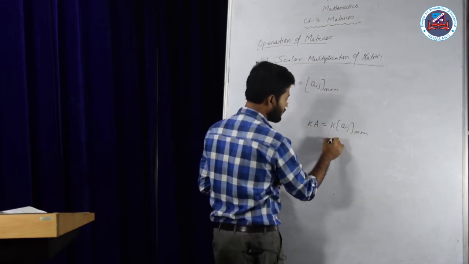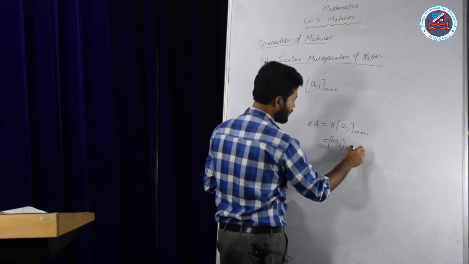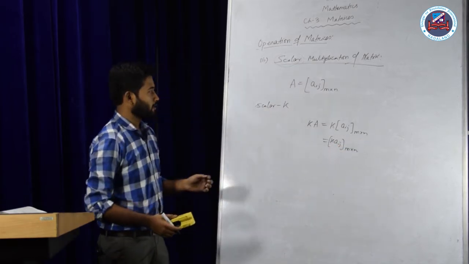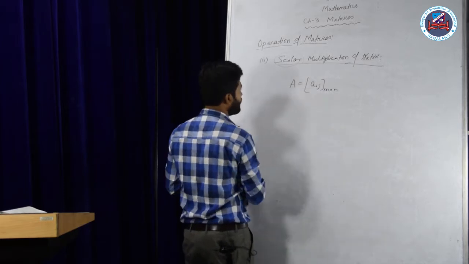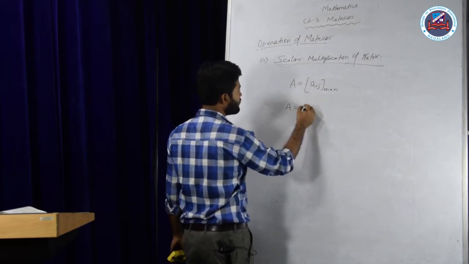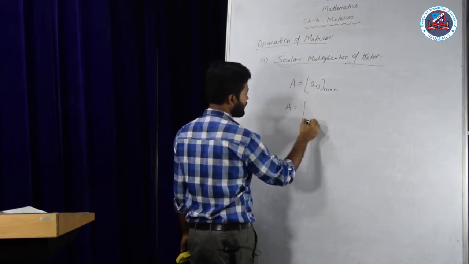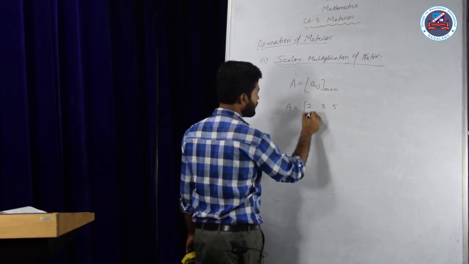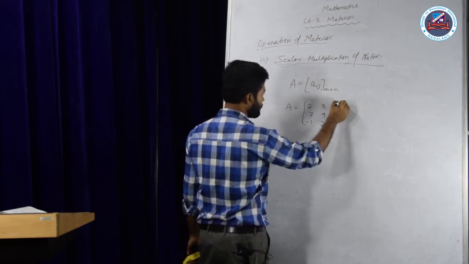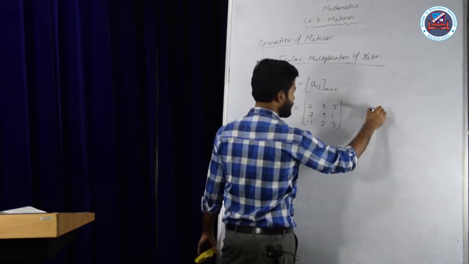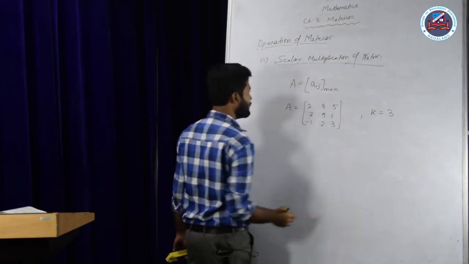That means the new matrix will be k Aij, m cross n. So for a specific case, I can show you. Let A be equal to, say, 2, 3, 5, 7, 9, 1, minus 1, 2, 3. And what is our scalar? Let our scalar be 3.